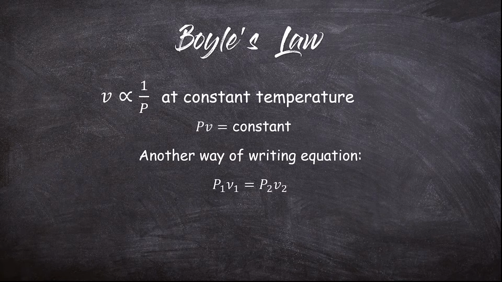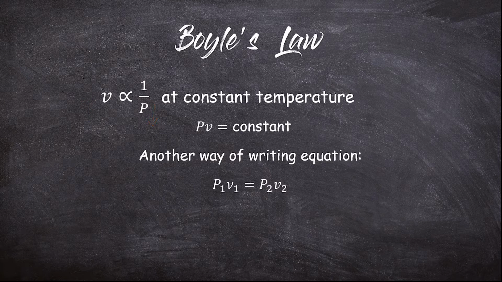When we pump air, imagine the molecules inside the pump, the volume gets decreased and the pressure increases. So when the volume is increased, the pressure decreases. When we pull the pump, the volume increases but the pressure decreases.